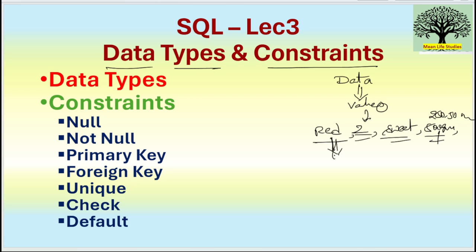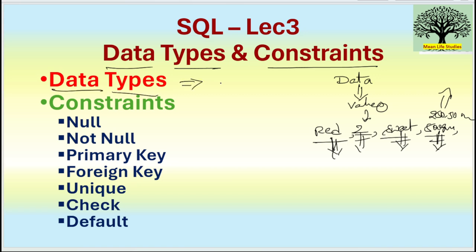See, this is text, this is a number, this is text, and this is an integer, or we can say this is float or decimal, right? Likewise, data are values having different data types. There could be some types of data.